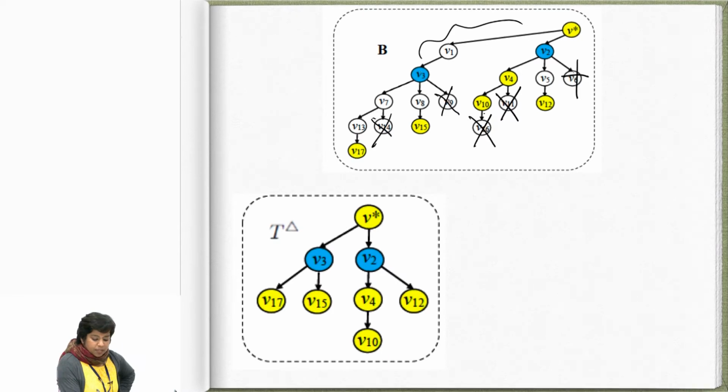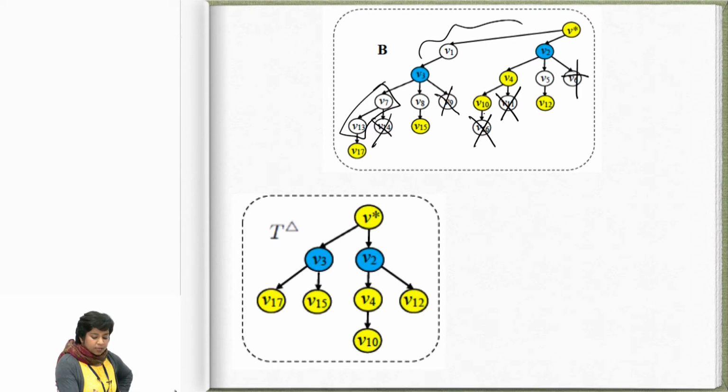Similarly, between V3 and V17, I do this not just from the root, I do it from all the blue vertices onwards. So between V3 and V17, there are these uncolored vertices V7, V13, and I compress this path as well.